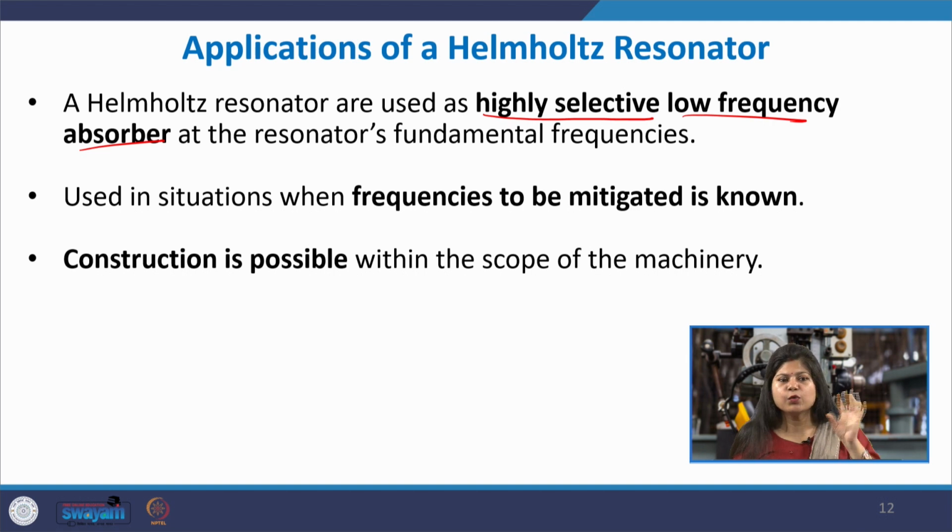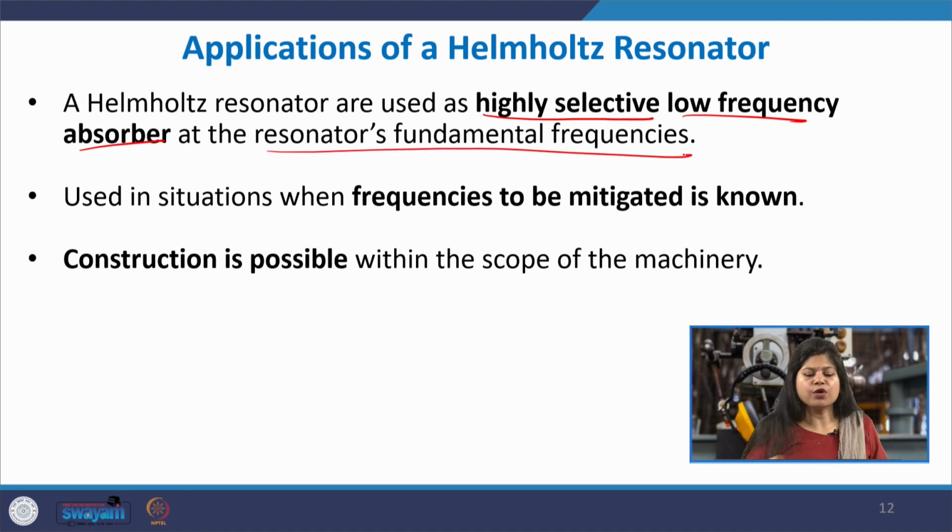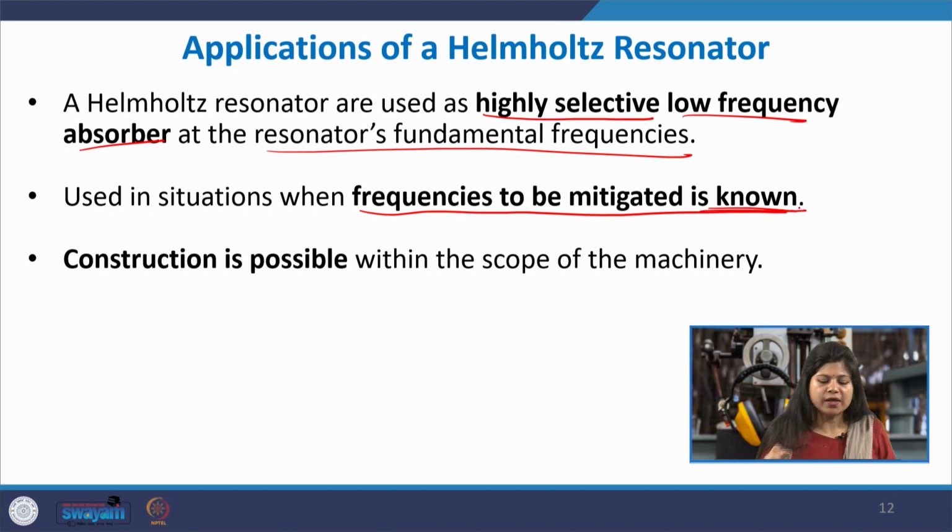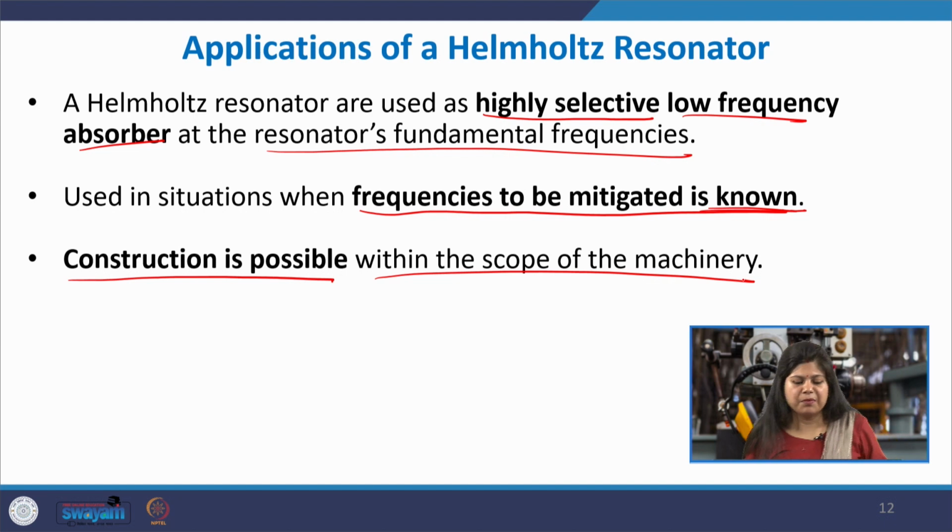I am not concerned about absorption over a broad range, but only at these specific values in the low frequency range. Then this can definitely be a very good option. It is used in situations where the frequencies to be mitigated are already known, and where the construction is possible within the scope of the machinery.